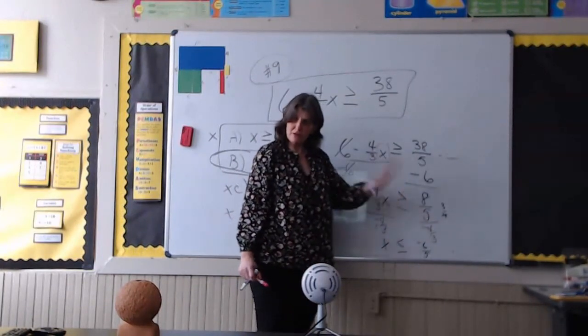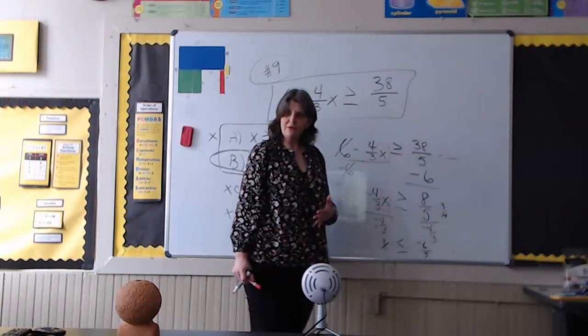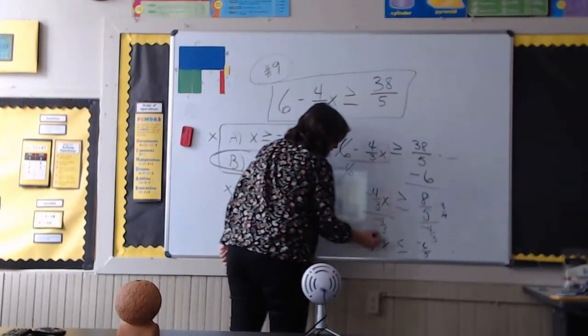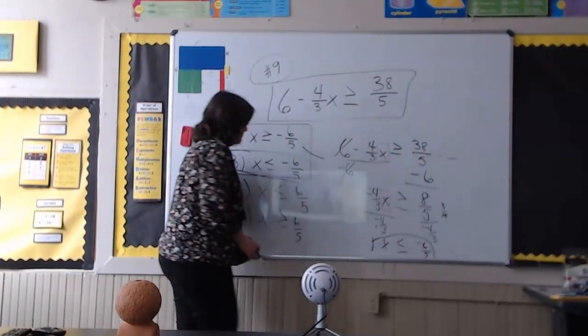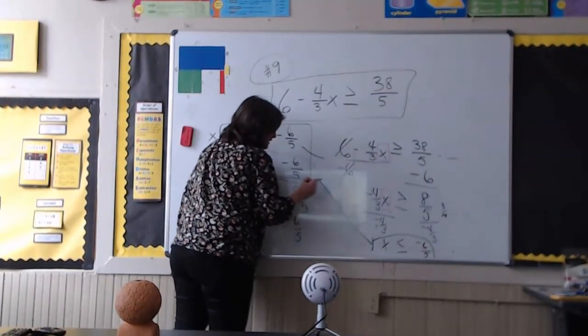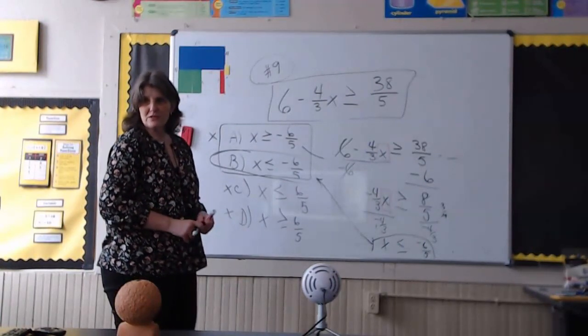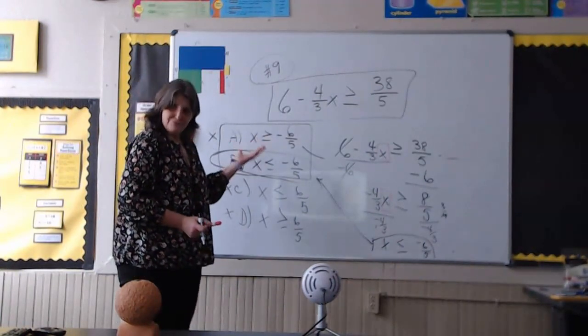Only when you multiply or divide by a negative number. And when we do that, we get the same answer that we got by looking at our answer choices ahead of time.